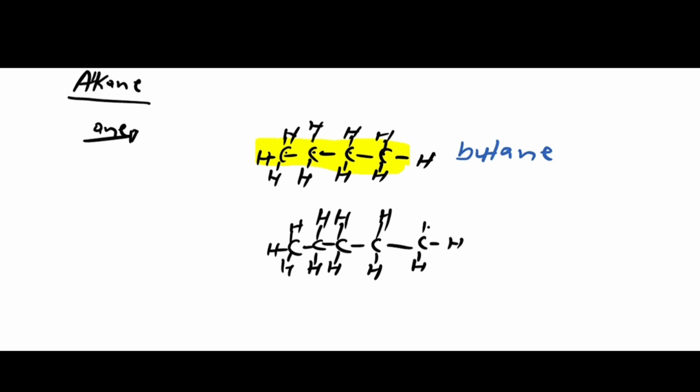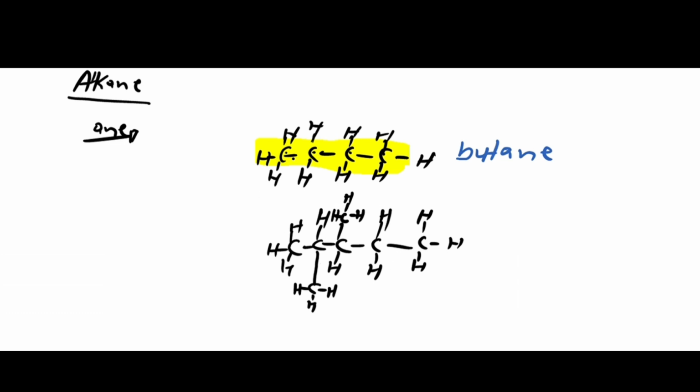Now, we have a substituent here, which is C. Only one C there. Then another substituent here, that is a substituent.